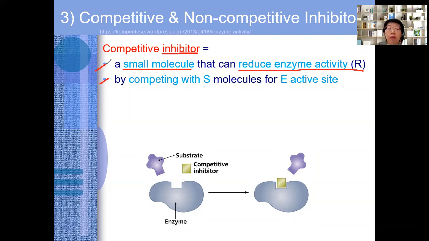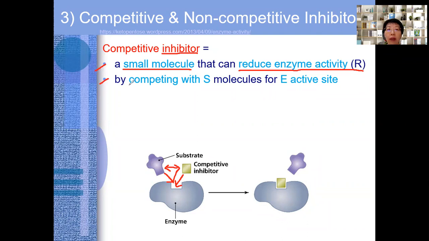Which is actually correct, because a competitive inhibitor will be competing with the substrate for the enzyme active site. Both of them will be competing for the active site. So this statement is actually not wrong. It is actually quite accurate.